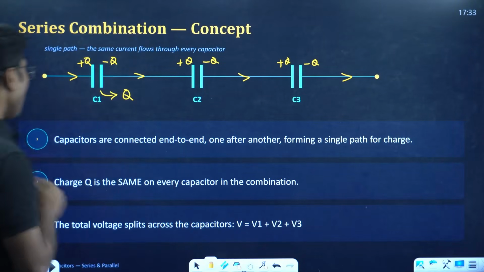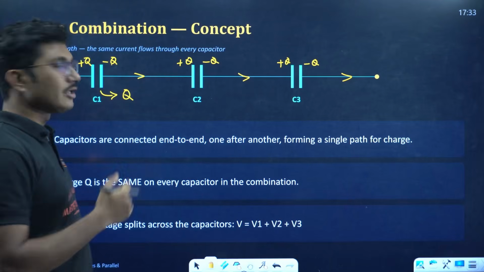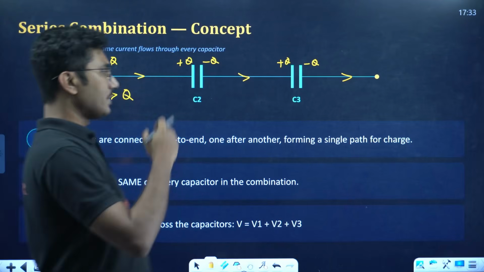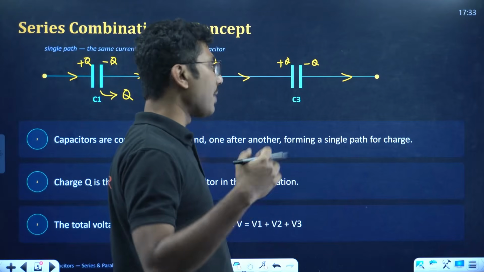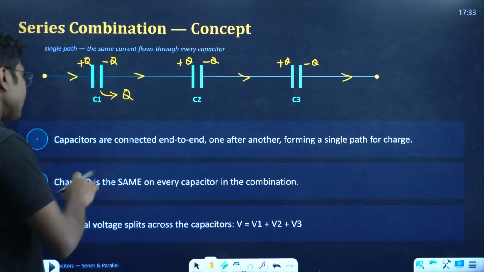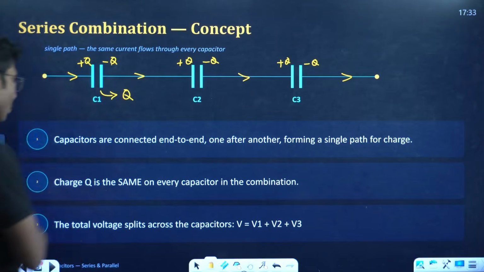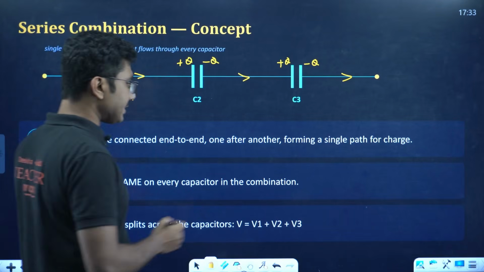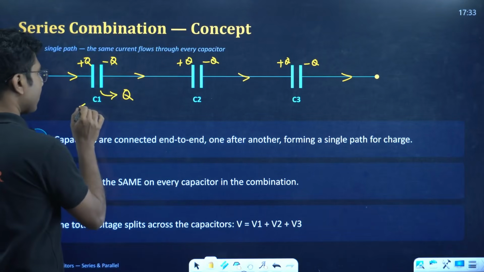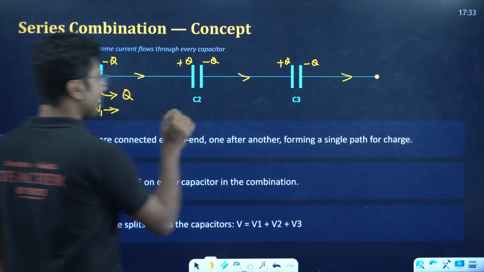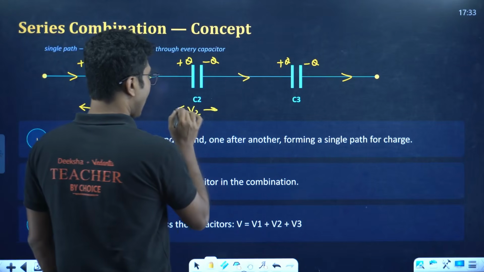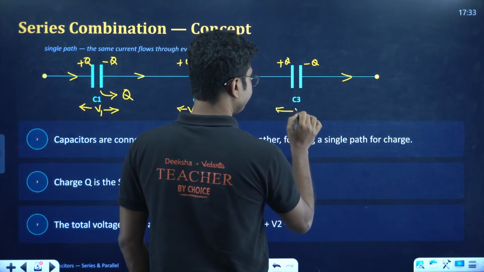Now, capacitors connected end to end, one after another, form a single path for the charge. Charge q is the same on every capacitor in the combination. The total voltage splits across the capacitors. Suppose the voltage across this one is V1, across this is V2, and across this is V3.